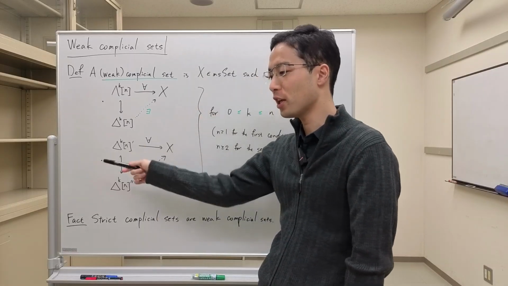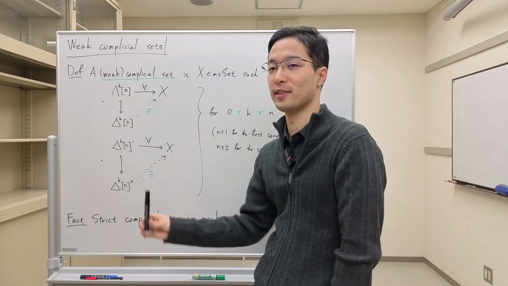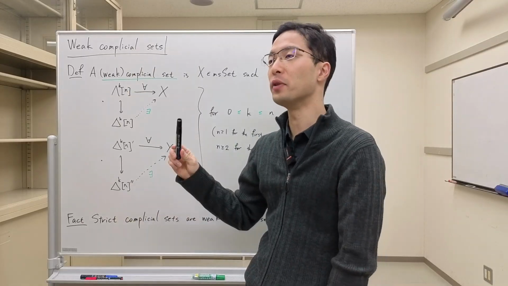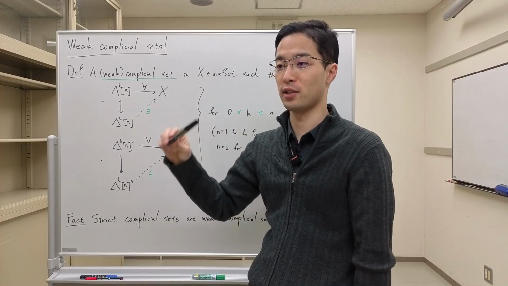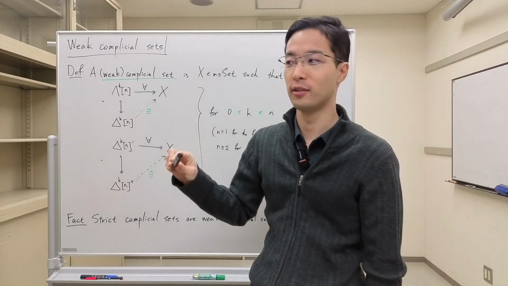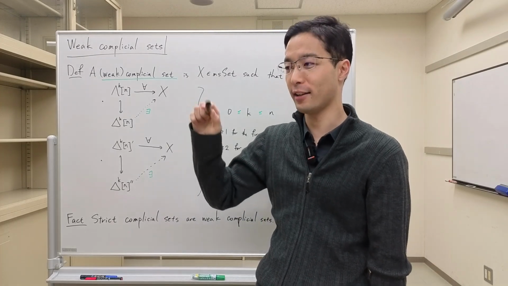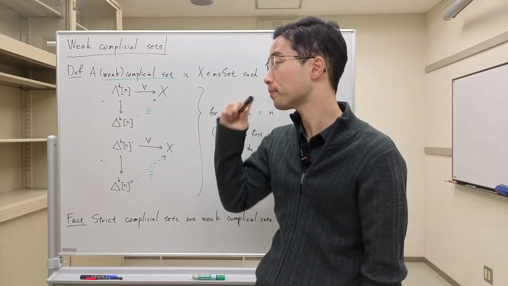In the strict case, what that encodes is that, given a pair of one cells F and G, there is a unique two-simplex of the form F, G, something, and identity in the middle. And of course, that unique two-simplex is the identity on this composite GF.